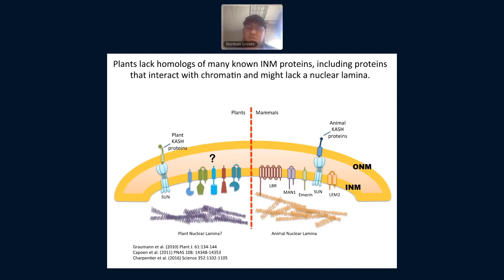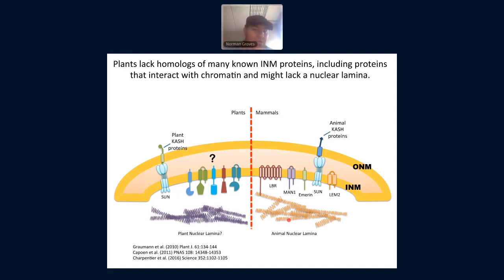So we became interested in this when we were looking at internuclear membrane proteins in animals, of which there are many proteins that have been characterized to interface between the internuclear membrane and the nuclear lamina, as well as chromatin. And these include lamin B receptor, MAN1, emerin, and LEM2.